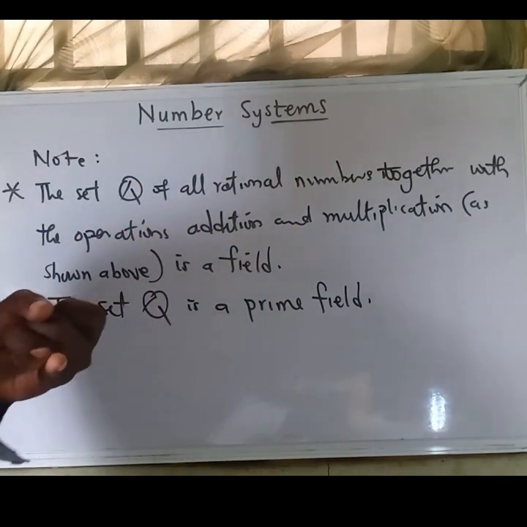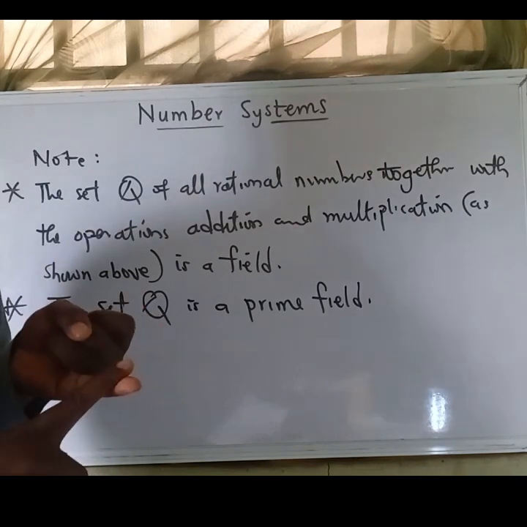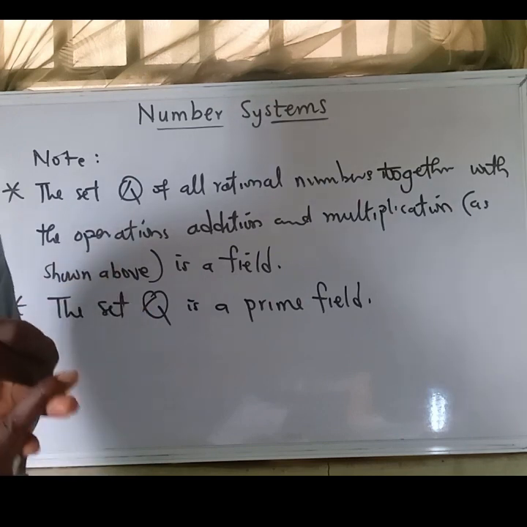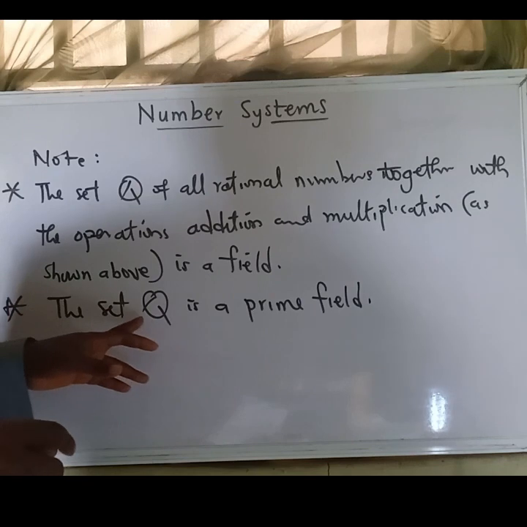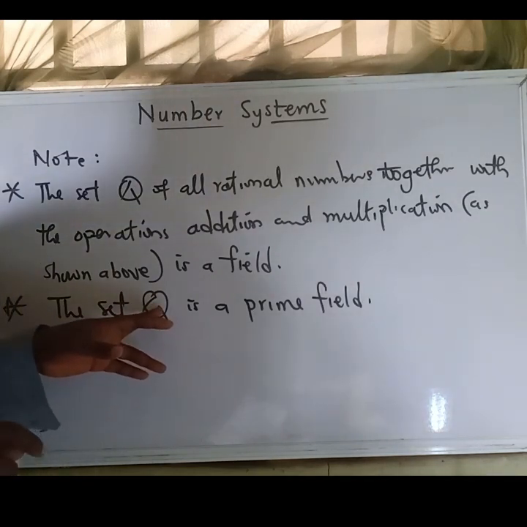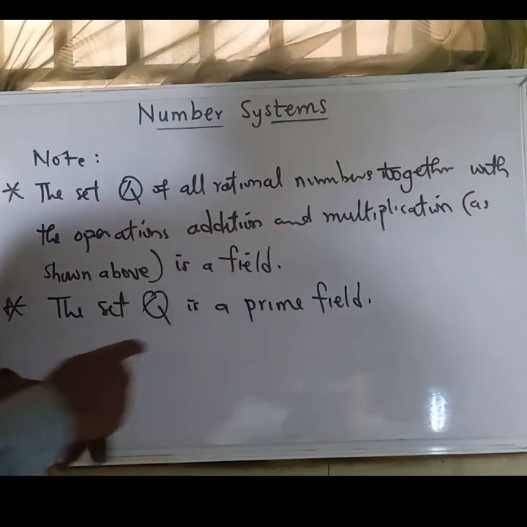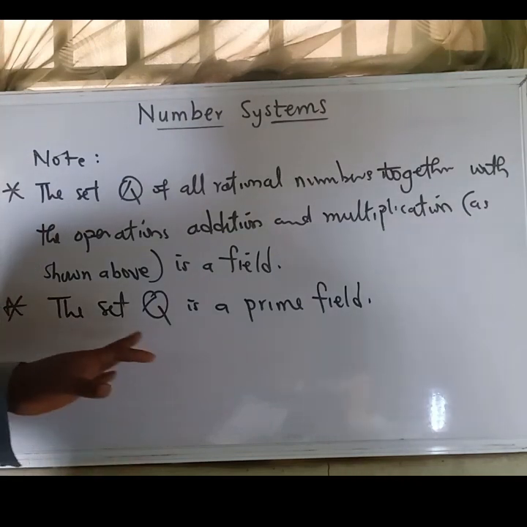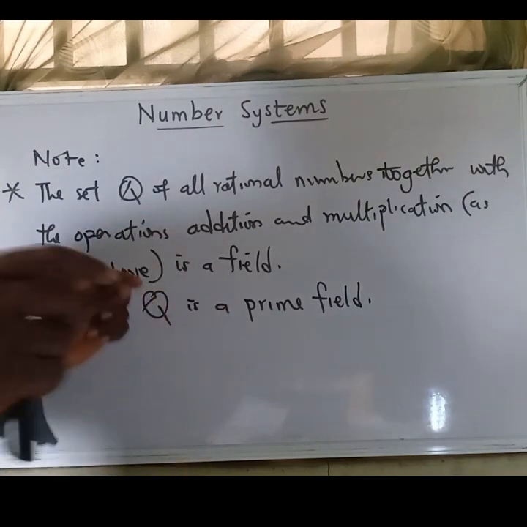You will recall that the natural numbers we discussed earlier do not satisfy the field axioms, for reasons we gave in our previous class. The integers also do not. So this Q does not have a subset which satisfies the field axioms, and this is why we call it a prime field.